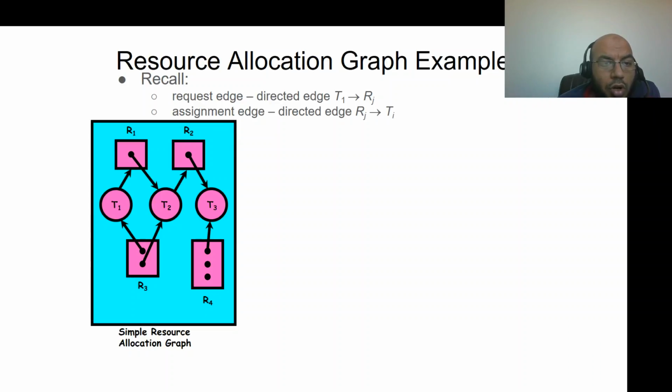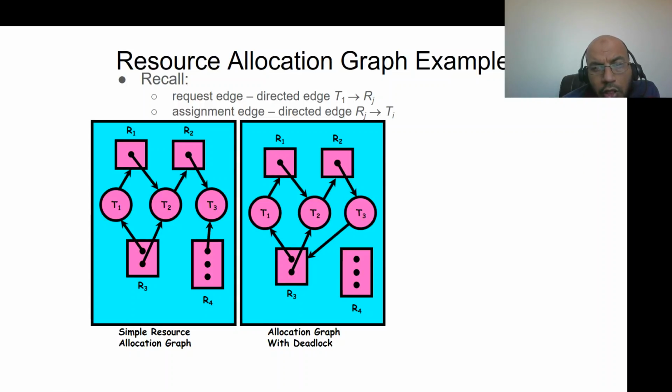T1 requires R1, which is owned by T2, and R3 is split between T1 and T2, and so on. A request edge is a directed edge from T to R, basically trying to acquire a resource. An assignment edge is from R to T.